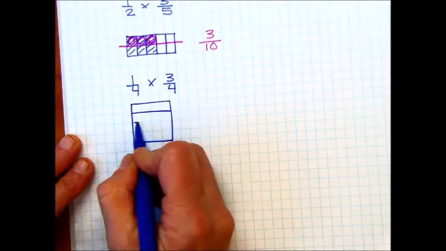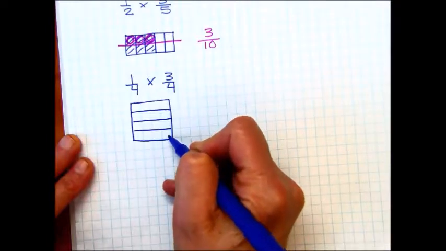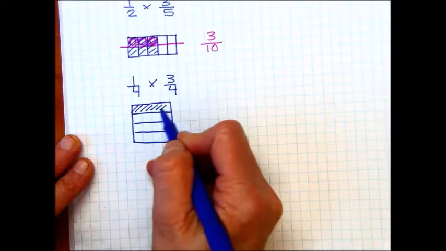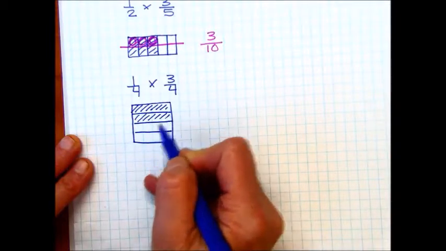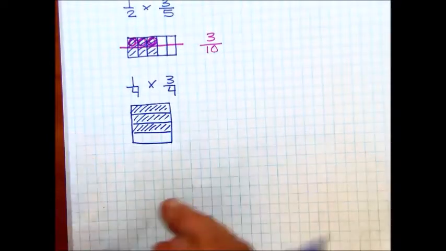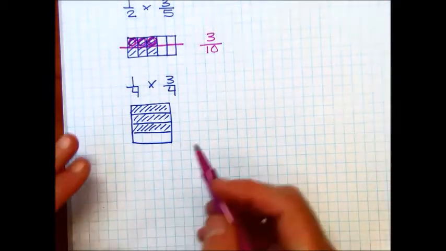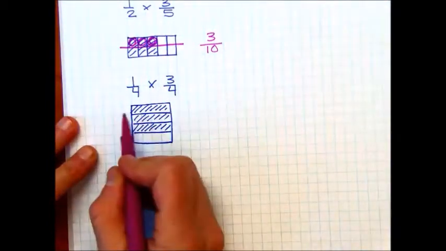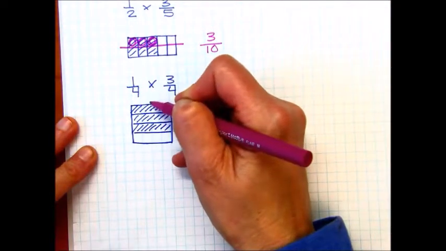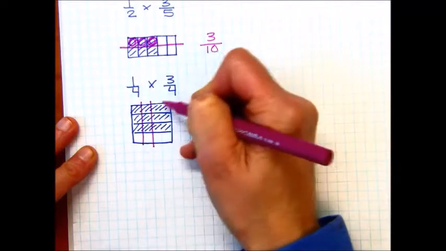So I've got 4 equal parts, and I'm going to shade 3 of those parts. Each part is worth 1/4. Now I'm going to break this up into 4 equal parts. And I could draw my lines this way, but I'm going to go this way just to make it a little easier. This would be half, and then half of a half is a fourth.